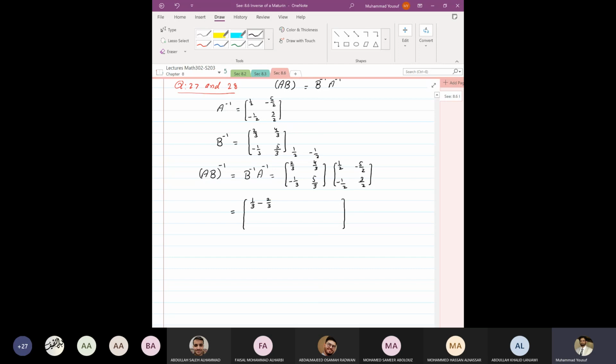And this will give us minus 1 over 3. And here the lower row and this lower one is minus 1 over 6, minus 5 over 6. Now it is correct.